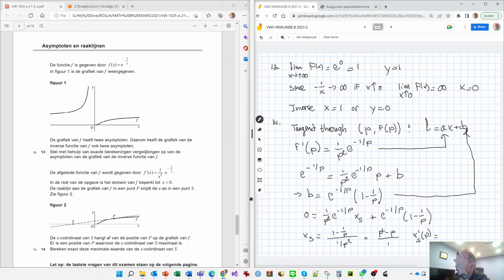And what do I get? 2p minus 1 is 0. So it has an extreme when p is 1/2. But since they already state that it's a maximum, then I have here my answer.